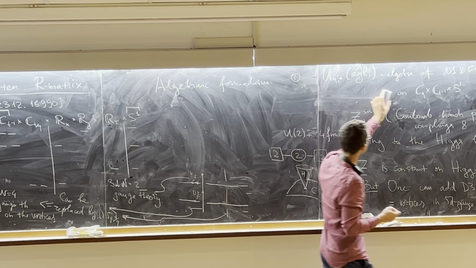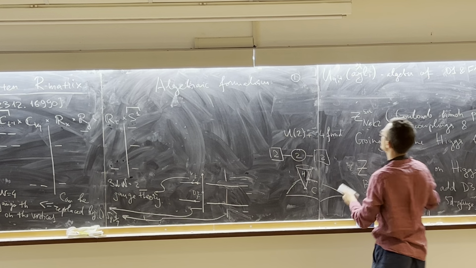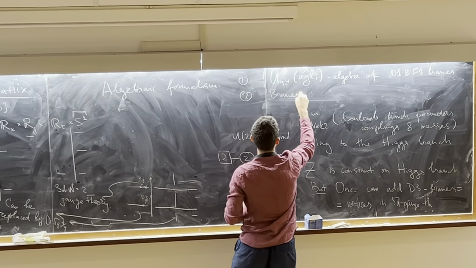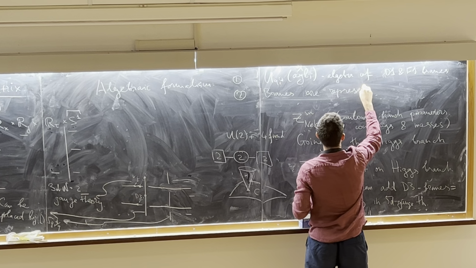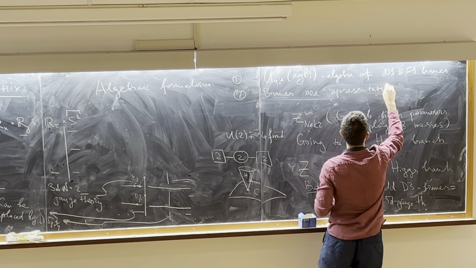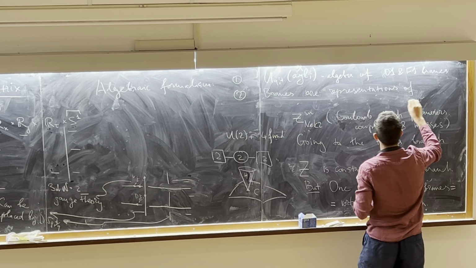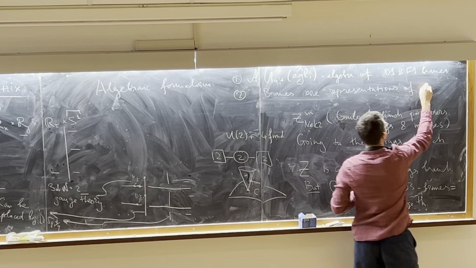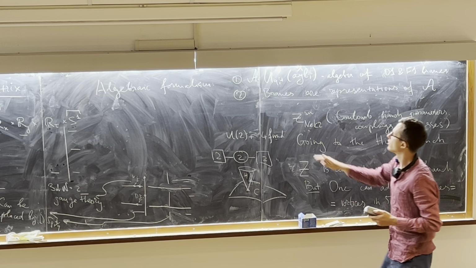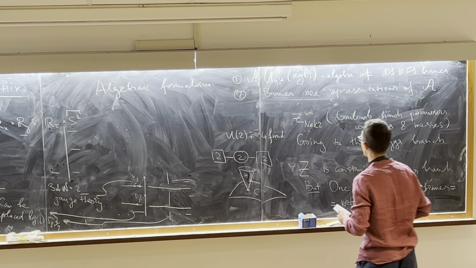Now, what does it mean? It means that branes are representations of this algebra. Let me denote it by A, since it's cumbersome to write out all these indices and hats.